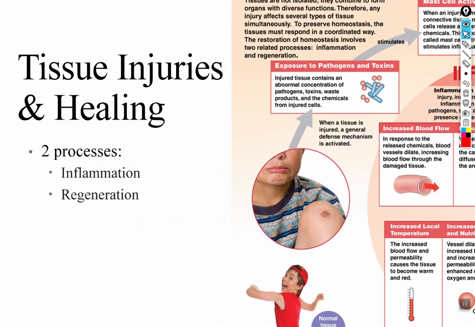So the first process is inflammation. And I want to stress, because I know that there are some fads around wellness and healthcare that blame everything on "inflammation." If you follow diet or wellness Instagrams, for example, some of those people are absolute kooks and you shouldn't pay attention to them.